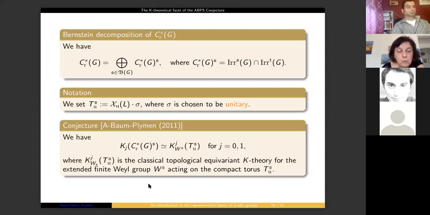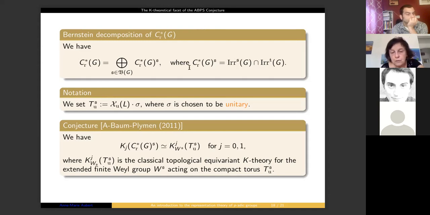Okay, so now we will apply this soon. First thing, we have a decomposition. This decomposition implies a decomposition of the reduced C-star algebra of G, which will be useful for us. So the decomposition is like this.